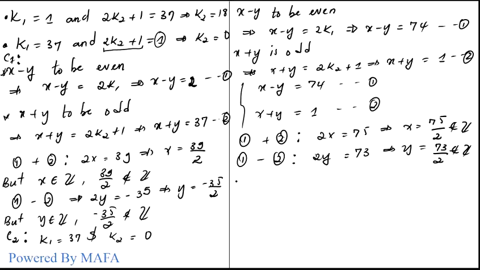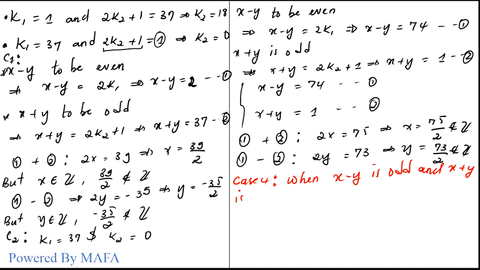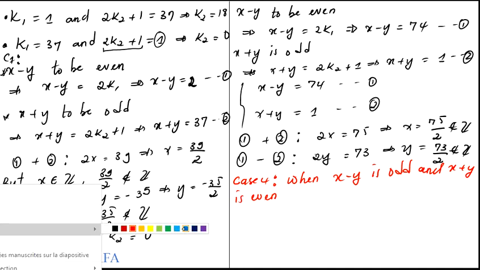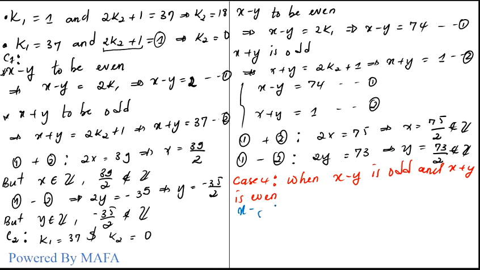Now the last case, case number 4, when x minus y is odd this time around and x plus y is even. Okay, what does it mean? X minus y is odd.